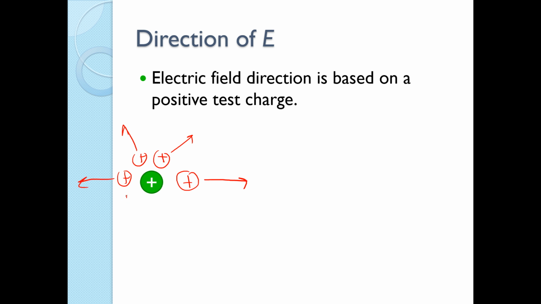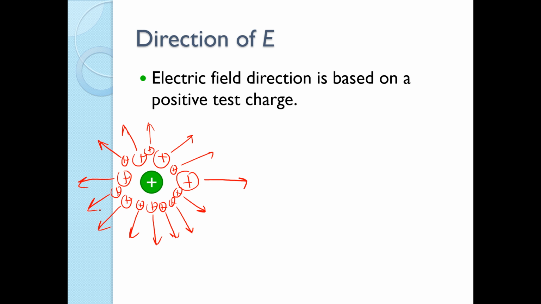So a positive charge has an electric field that effectively radiates outwards. The only reason that we say they radiate outwards is, again, because for whatever reason, we have decided to arbitrarily define the direction as how a positive charge moves in that field.